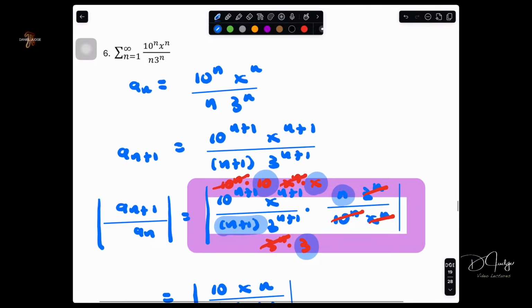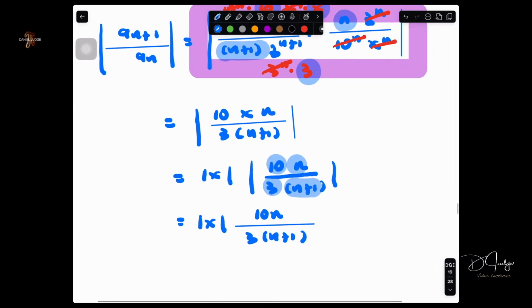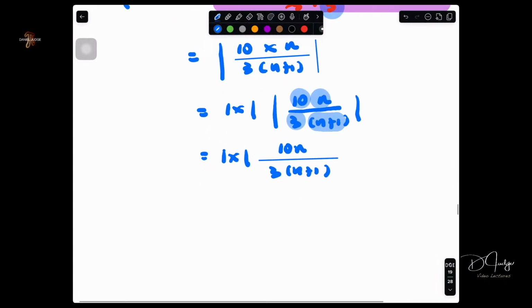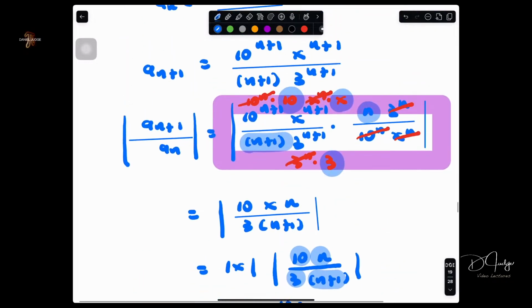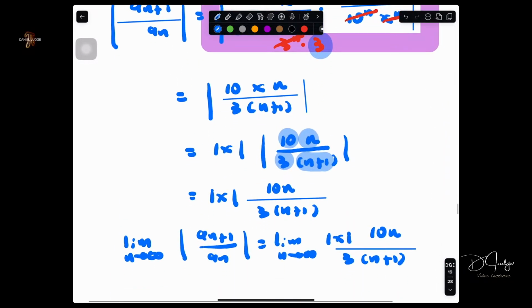Alrighty. So now we're going to apply that limit, n goes to infinity, of the absolute value of x, 10n over 3 times n plus 1. Let's make sure there was a 10 there. There was a 10. All right.